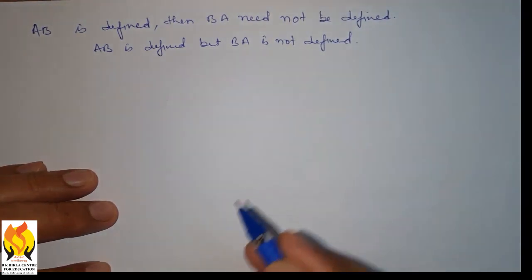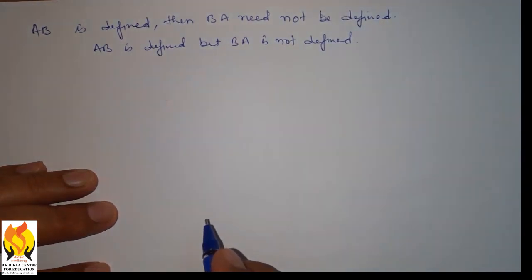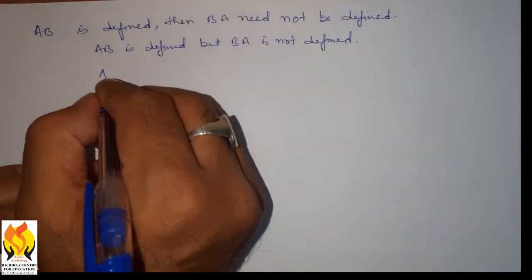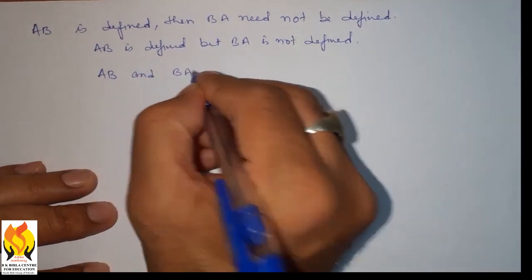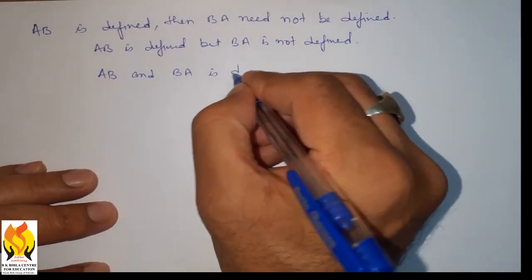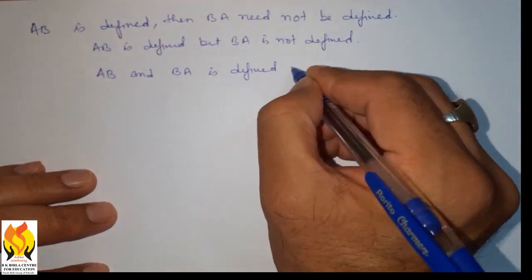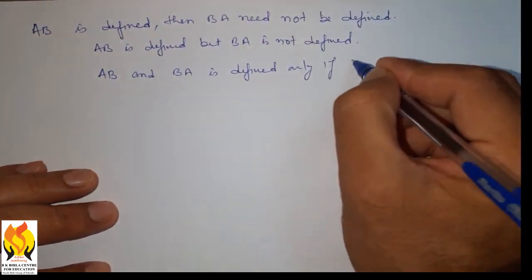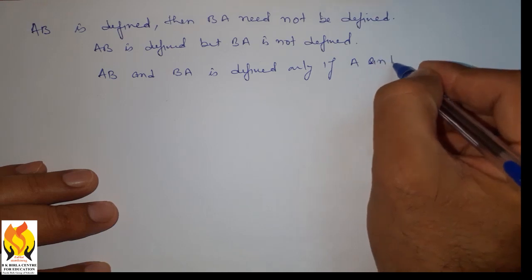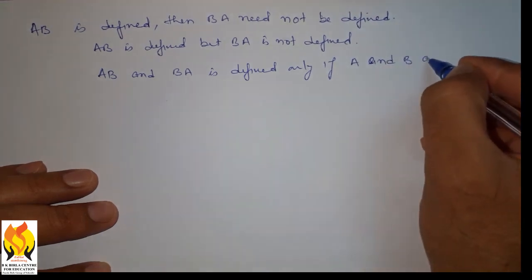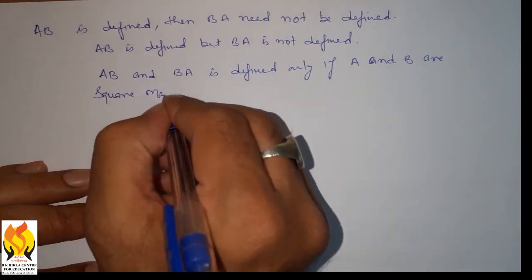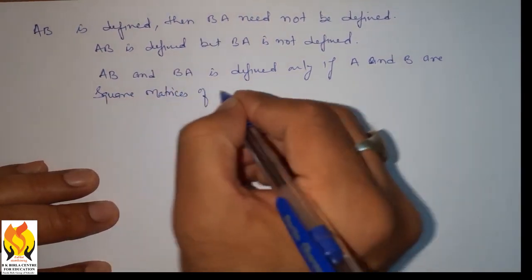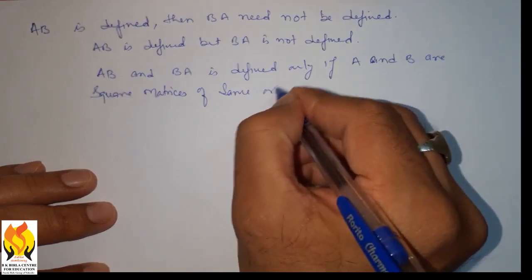Why? We can understand with the help of the definition. Both AB and BA are defined only if A and B are square matrices of the same order.